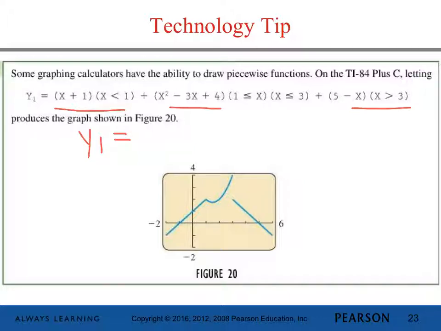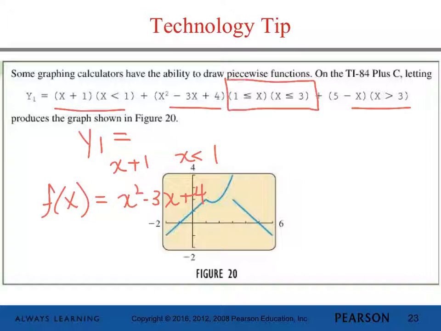This would be for the function f of x equals x plus 1 when x is less than 1, x squared minus 3x plus 4 when, and here you have to notice that in your calculator you have to break that part up, because this is actually saying when x is between 1 and 3.